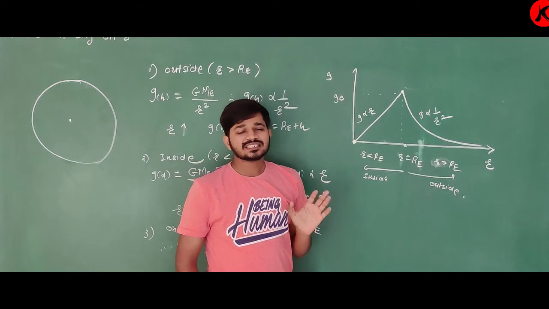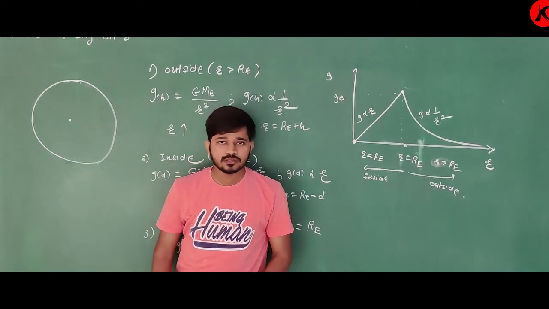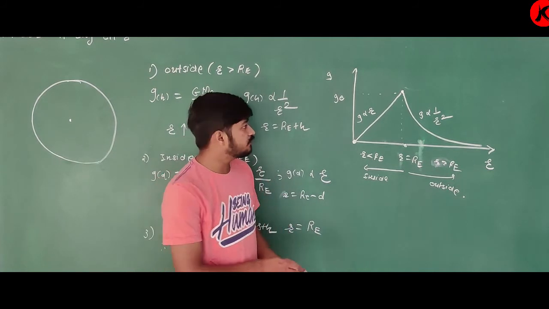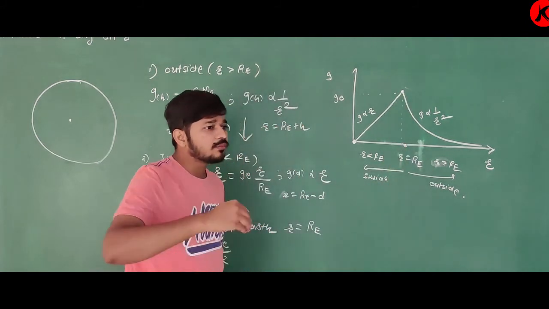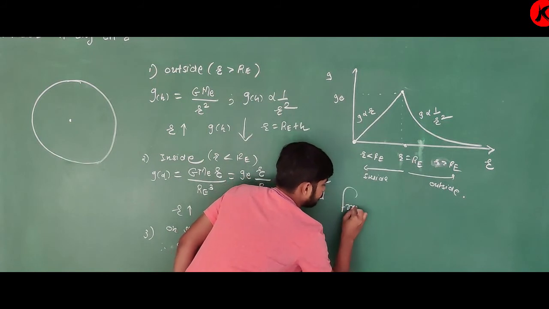Yes or no? See, it depends with respect to which you are observing, from center or from surface. If from the surface we are moving above or below, gravitational acceleration decreases.